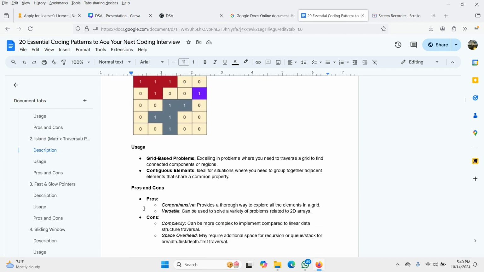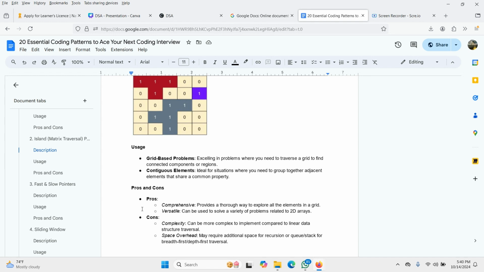So what is the usage of this? The first usage is that it will be used in grid-based problems. That means when you have a problem related to a grid or finding connected components or regions, we can use this pattern. And this pattern is mostly used in graph problems, because we need to traverse through the grid, a 2D array.